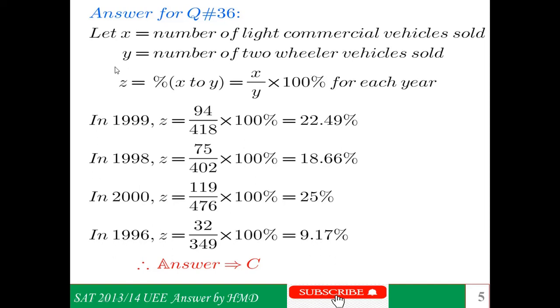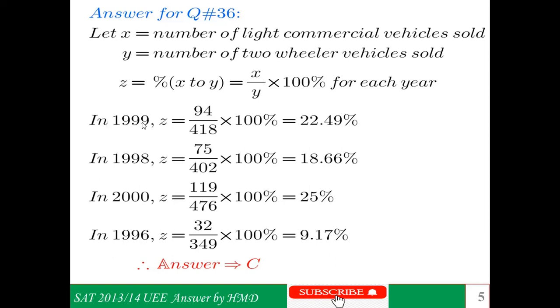So generally, if you are going to calculate the percentage of X to Y, you should use this formula. The percentage of X to Y is equal to X over Y times 100% for each year, right?